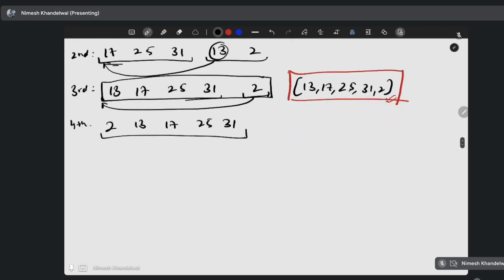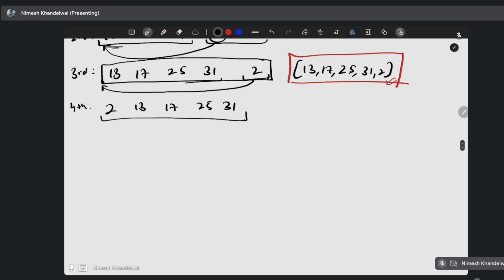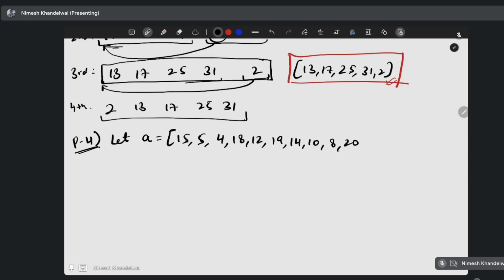Now let us take another problem, right? Let's have an array with these numbers: 5, 15, 5, 4, 18, 12, 19, 14, 10, 8, 20, right?